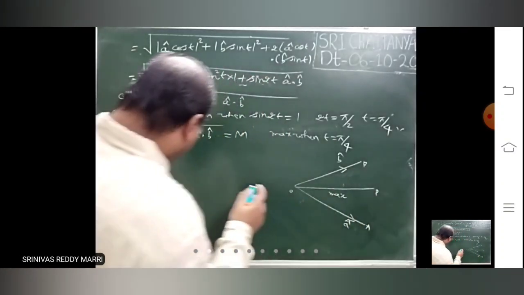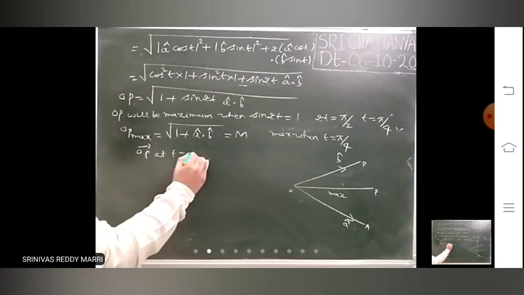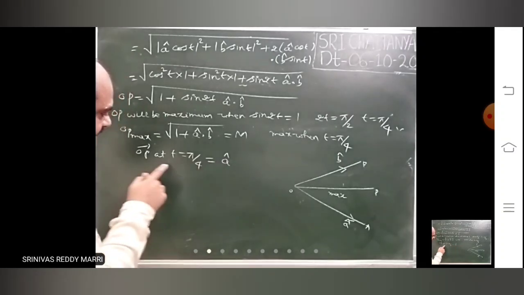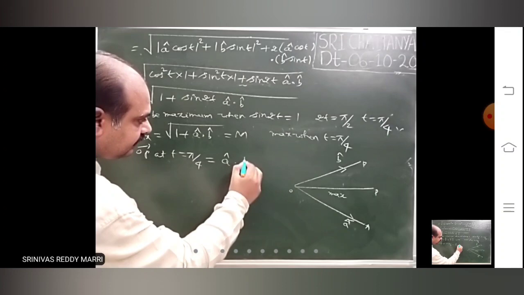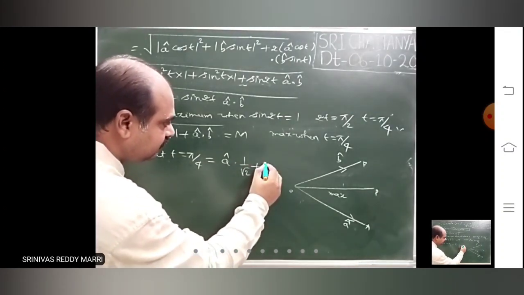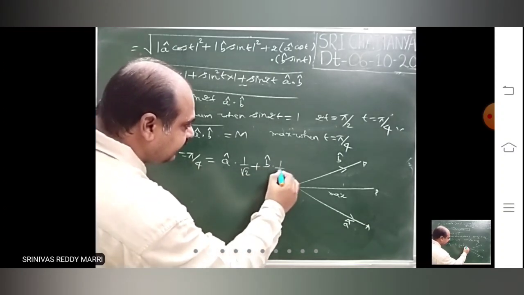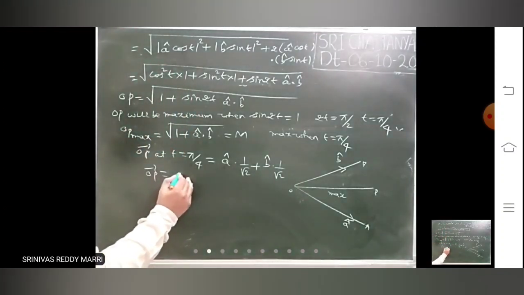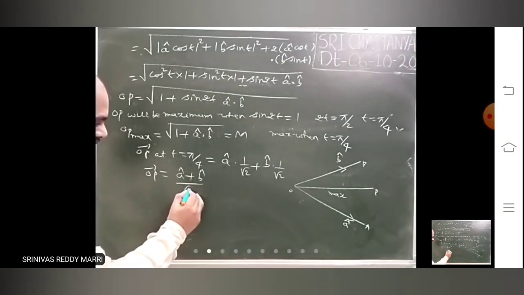So OP bar in that case, OP bar at t equal to pi by 4, what will it be? The position vector at t equal to pi by 4 is A cap cos t plus B cap sin t, so A cap into 1 by root 2 plus B cap into 1 by root 2.